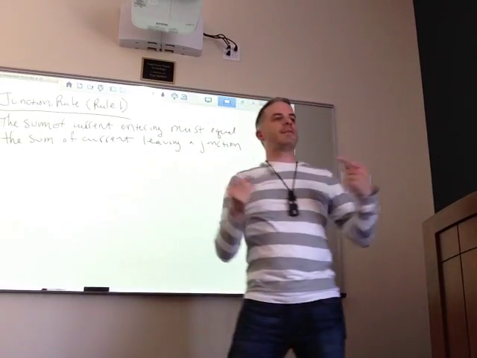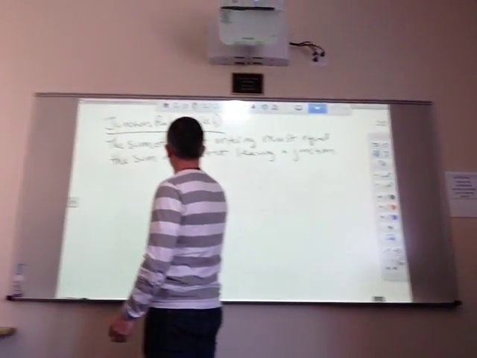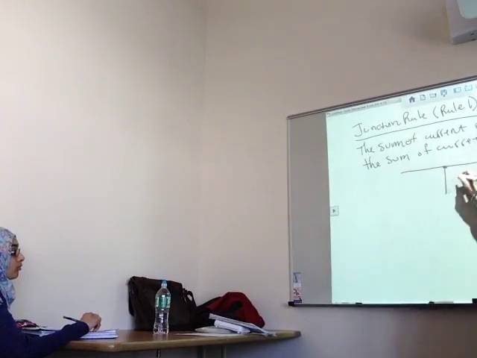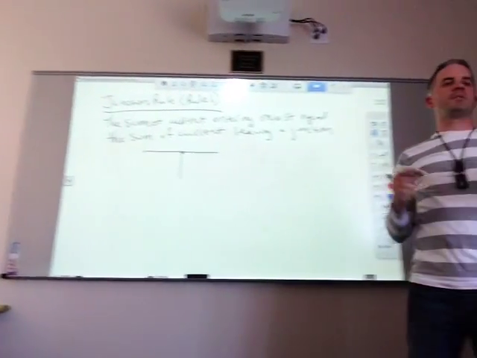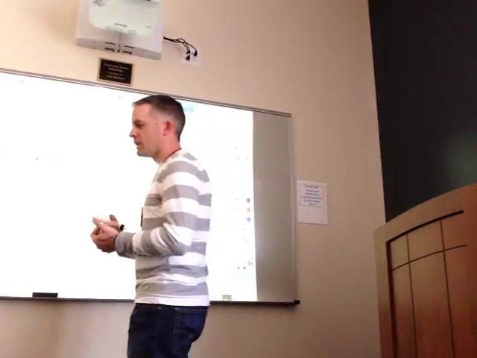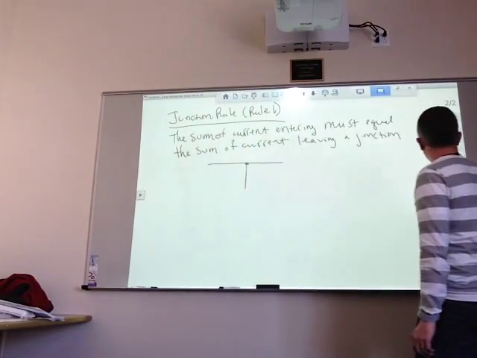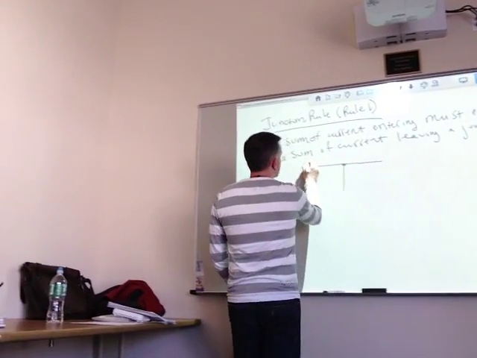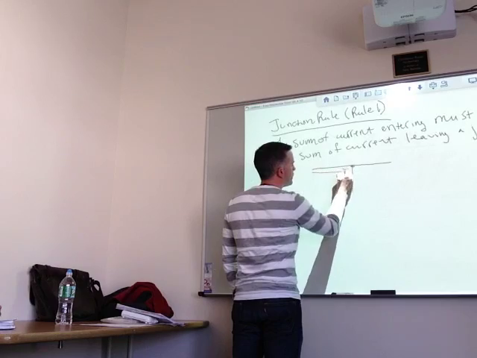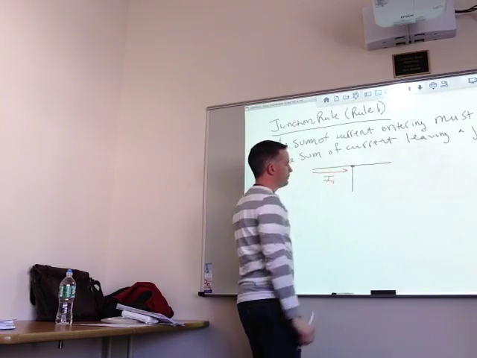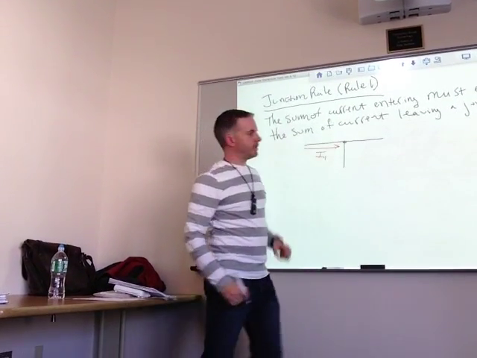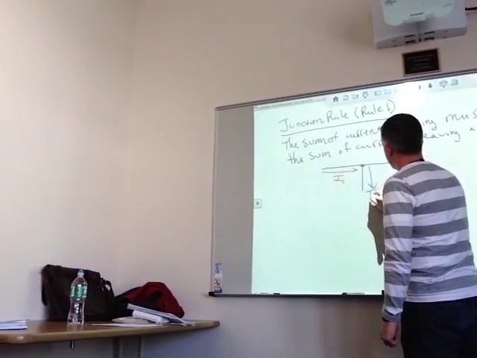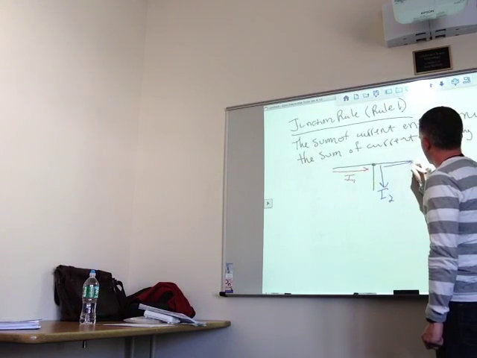So what we're saying is that if we have some sort of current, let's say we have a junction right here. Imagine this was just one piece of a parallel circuit. What the junction rule says is that if we have current going in here, when it hits the junction, some is going to go this way, some is going to go that way.